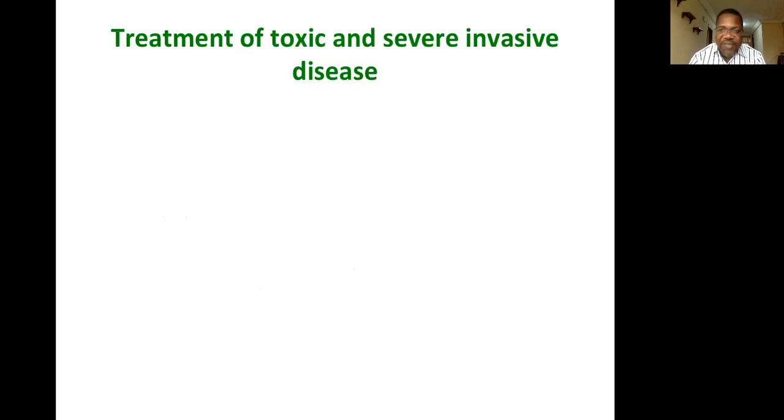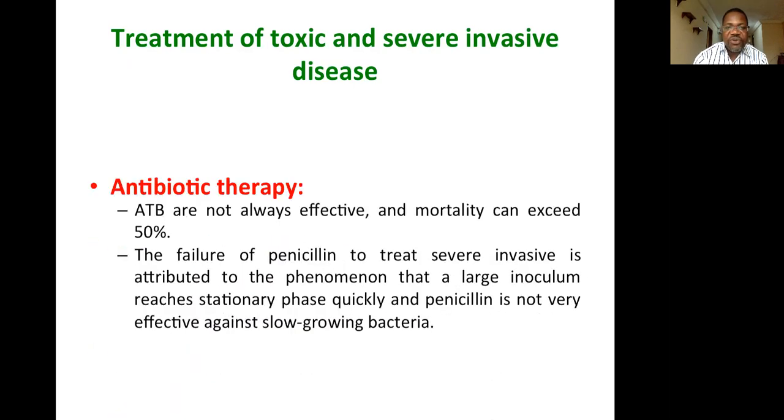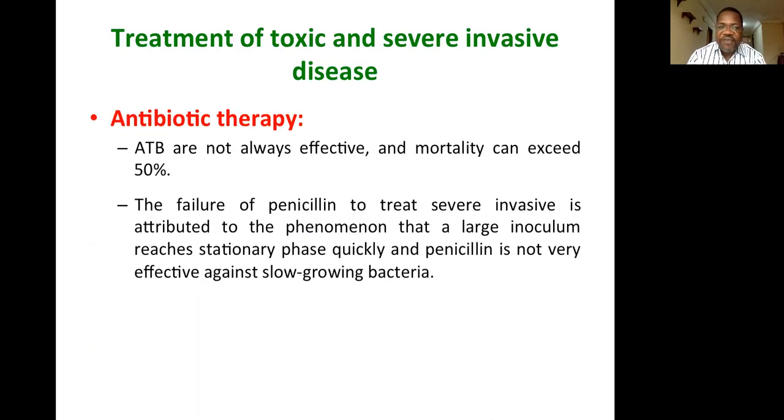Now, the treatment of this invasive condition involves firstly antibiotic therapy. But antibiotic therapy is not always effective, and it has been shown that if you use antibiotics alone, 50% of those patients will die. Penicillin, to which group A Streptococcus is usually susceptible, has been shown to fail in this situation.